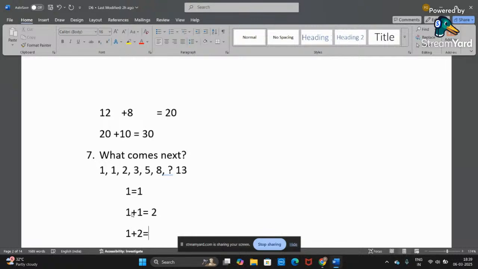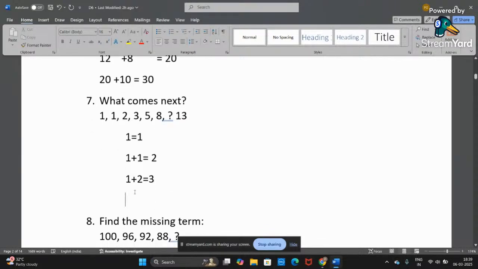The last two numbers need to be added to get the next number. To get the next number, we have to add the last two previous numbers. So first they have taken 1, because before that there are no digits. Then to get the next digit, 1 plus 1, it is 2. Then 1 plus 2, it is 3. Again 2 plus 3, it is 5.